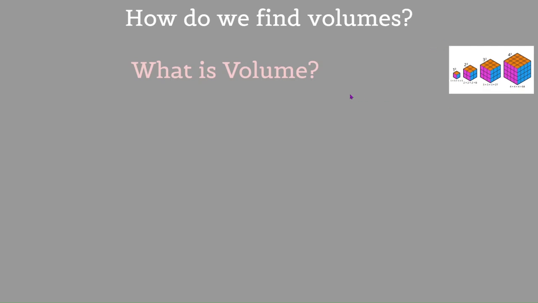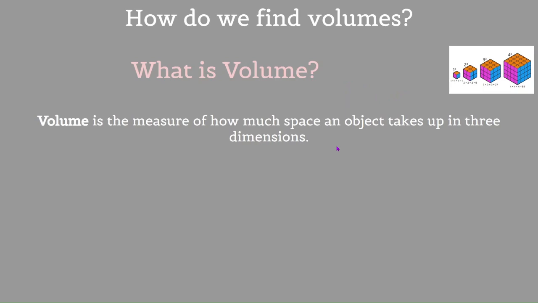So, volume is the measure of how much space an object takes up in 3 dimensions, right? That would be like the X, Y, and Z dimensions. Objects we typically think of as existing in 3 dimensions, like your desk or your pencil, are all 3-dimensional, right?